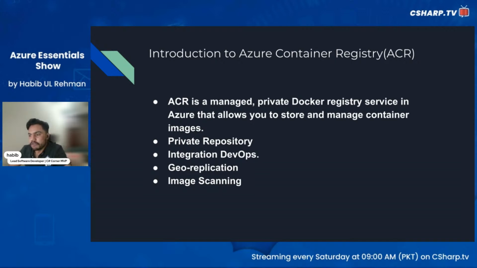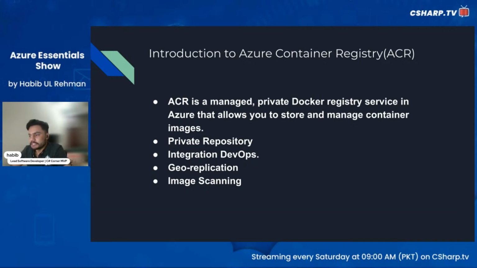So the main purpose of Azure Container Registry is to host your images securely inside your Azure Docker registry. And these images can be private or public, so you can store them according to your requirements.